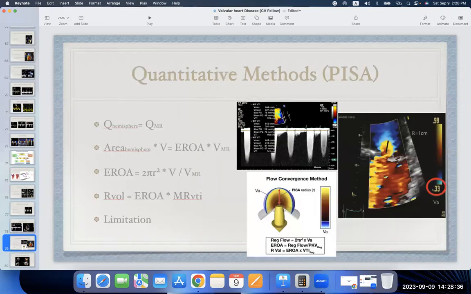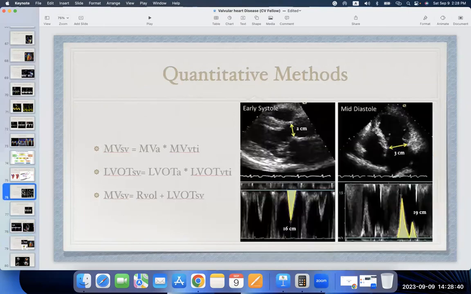So this is the good thing, but of course there is a limitation of using the Doppler quantitative method: if the patient has aortic regurg, you cannot use it. If the patient has MR and aortic regurg, you cannot use this method by using the LVOT. However, you can use it by using the RVOT.